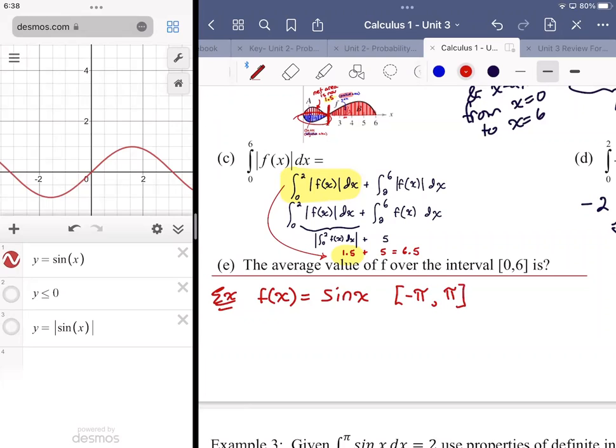And let's say I need to find the antiderivative over the interval of negative pi to pi of the sine of x, but as an absolute value. So of f of x, I'll write it as f of x, because we know what f of x is.